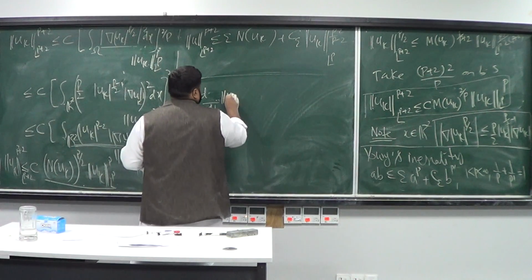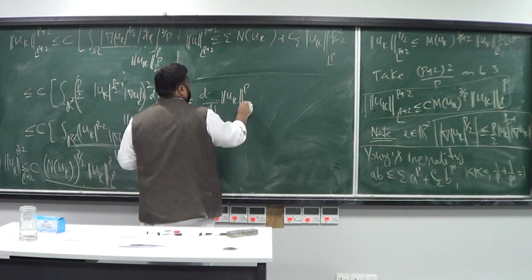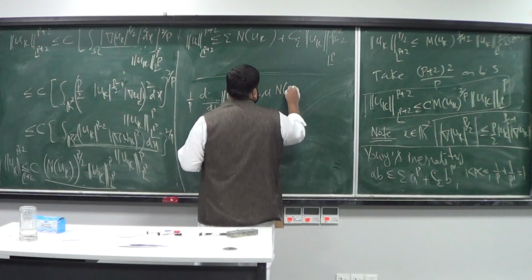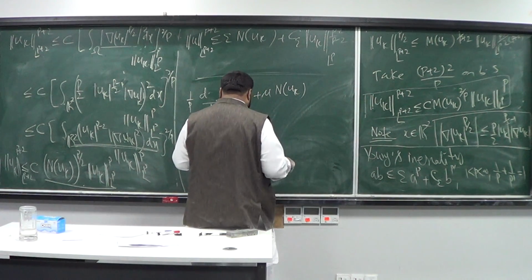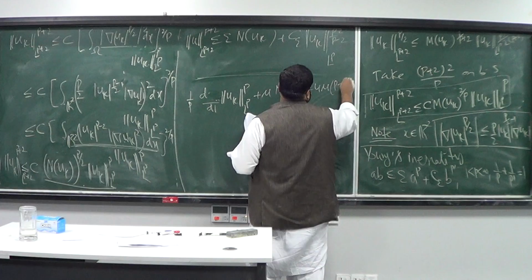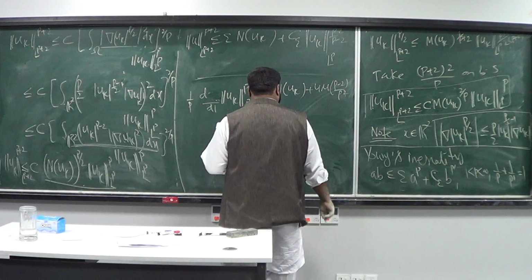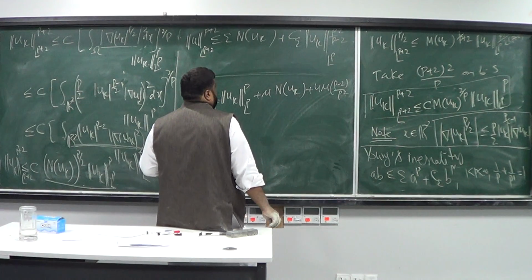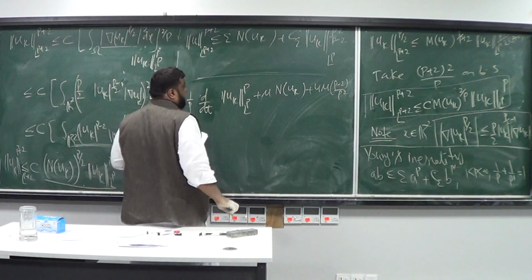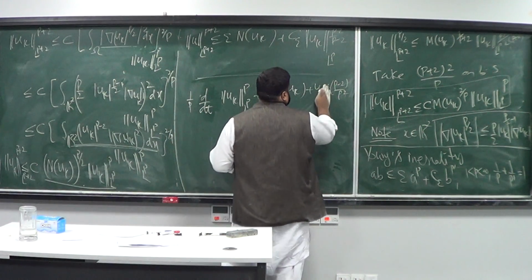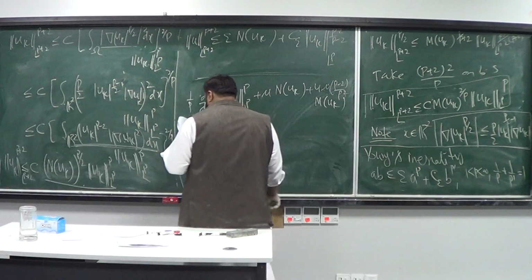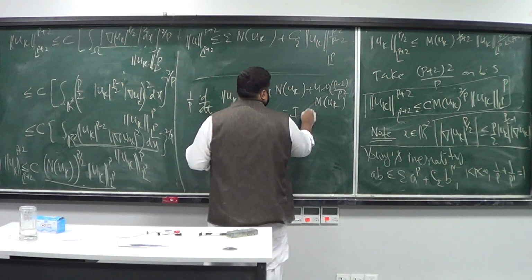So d/dt of the L^p norm of u_k raised to p, plus nu times N of u_k, plus 4 mu (p minus 2) over p squared, times N of u_k, equal to I1 plus I2.